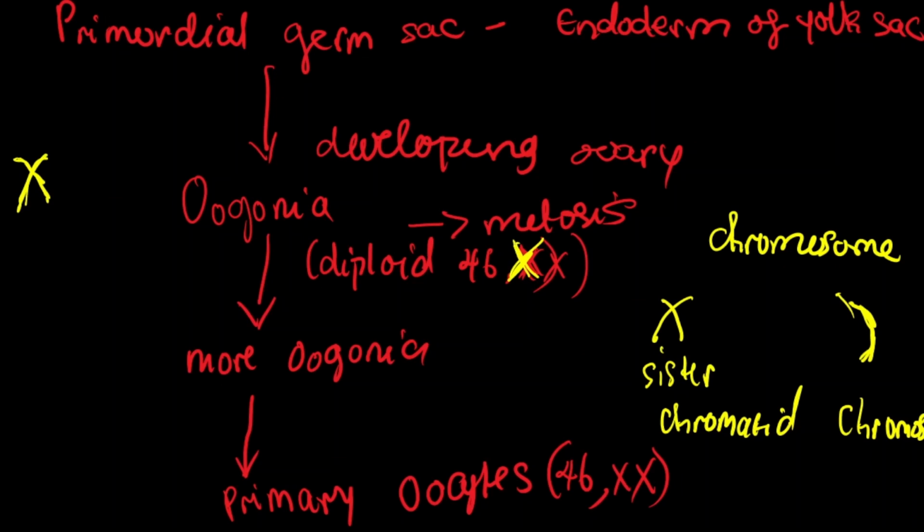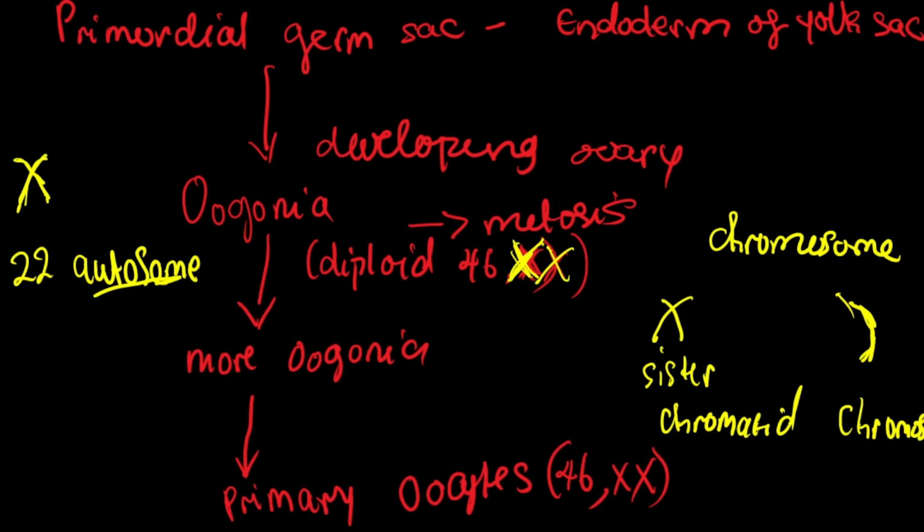Of these 46 chromosomes, we have 22 pairs of autosomes. The autosomes are somatic chromosomes. These somatic chromosomes carry genetic information for somatic cells, which are body cells. So the general body cells are the somatic cells, and the chromosomes for these somatic cells are called the autosomes.